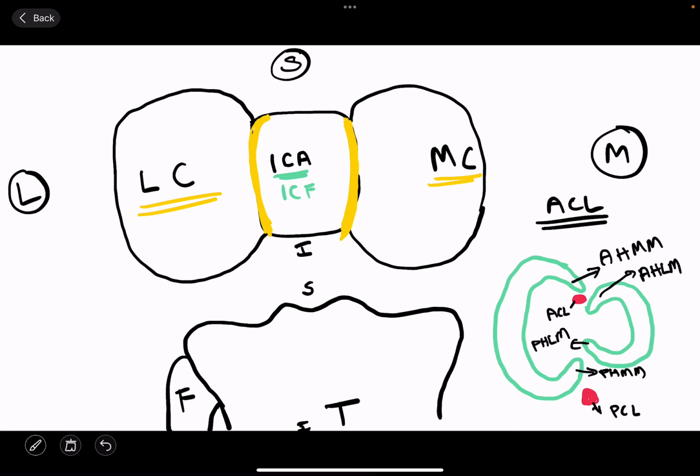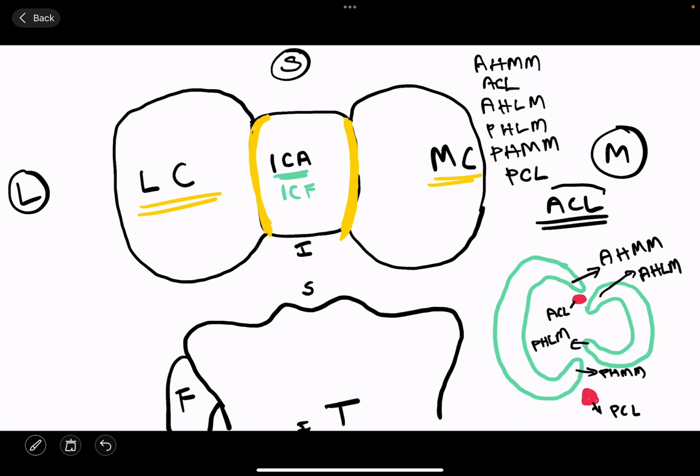When you look at the structures at the intercondylar eminence of the tibia from anterior to posterior, they are the anterior horn of the medial meniscus, the anterior cruciate ligament (ACL), the anterior horn of the lateral meniscus, the posterior horn of the lateral meniscus, the posterior horn of the medial meniscus, and the posterior cruciate ligament.